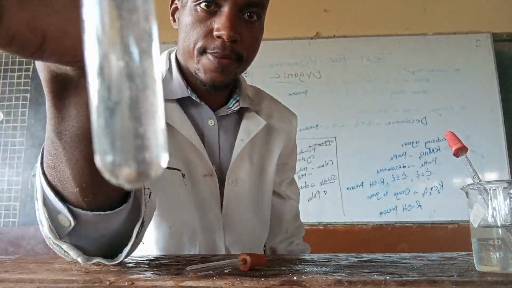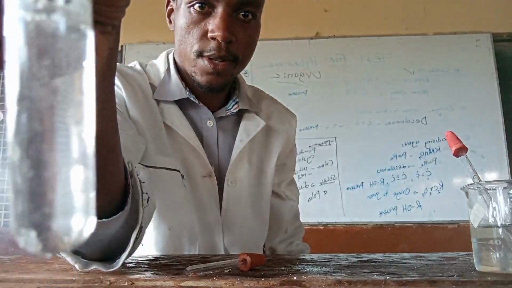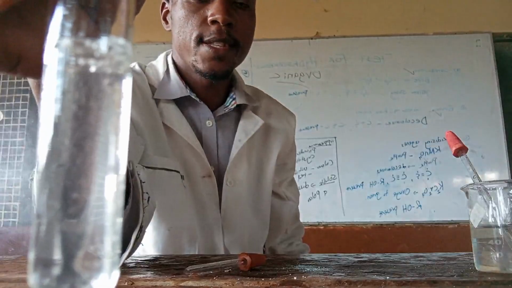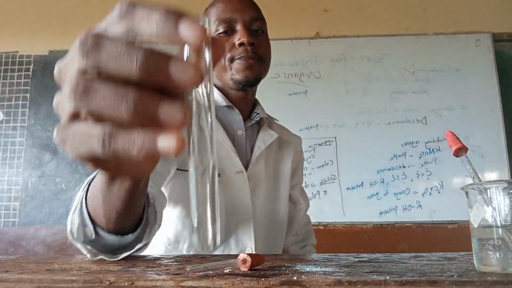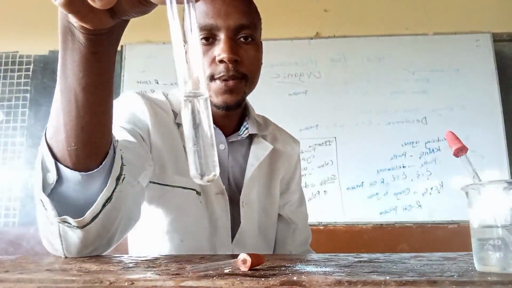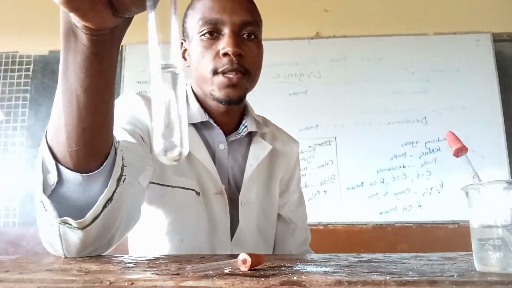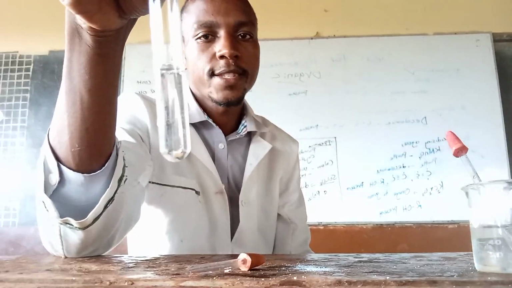Look at that. Those are just bubbles, just give it some time to settle down. So the white precipitate has disappeared. So what do I say in the observation? White precipitate formed in few, soluble in excess, or white precipitate in few, colorless solution formed in excess.